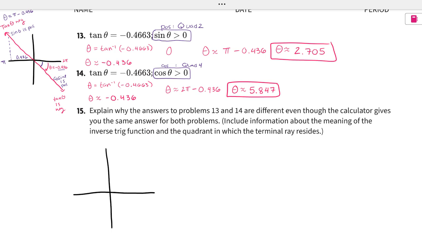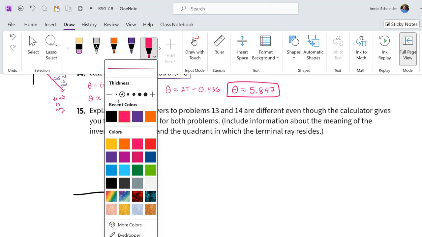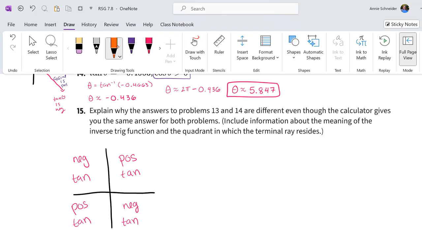We were in quadrants 2 and 4, because that's where tan is negative: positive tangent, negative tangent, positive tangent, and negative tangent. Just like before, our calculator wants to give us the closest answer to 0.